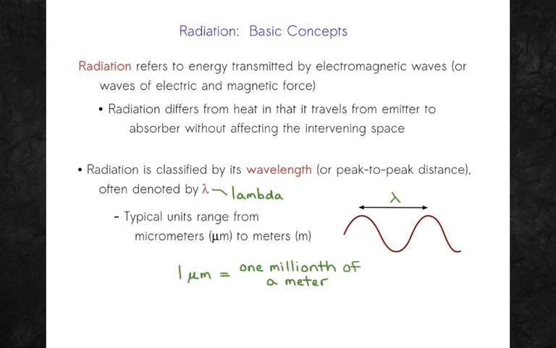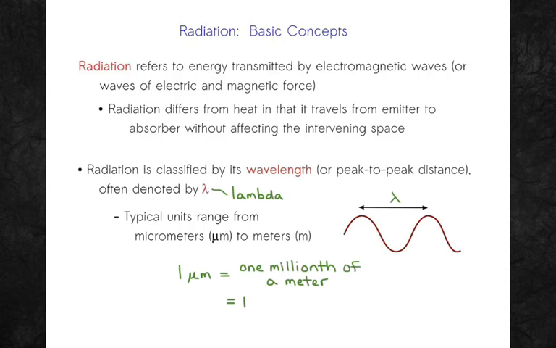So if you imagine taking the meter and dividing it into 1,000 parts, that's a millimeter, and then taking a millimeter and dividing it into 1,000 parts. And you get something that's so small that we don't really have any good intuition for dealing with that because we never see things that small with our eyes. But that's actually going to be the range of the wavelengths of the radiation that we're going to be most interested in this course, 1/1,000,000th of a meter.